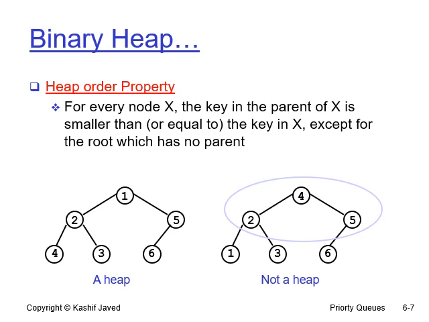If I consider X to be 5, the parent of 5 is 1, which is obviously smaller than 5. So on the left hand side, this complete binary tree satisfies the heap order property as well. So we can call it a binary heap.